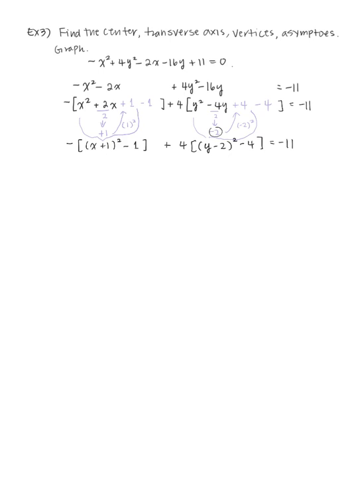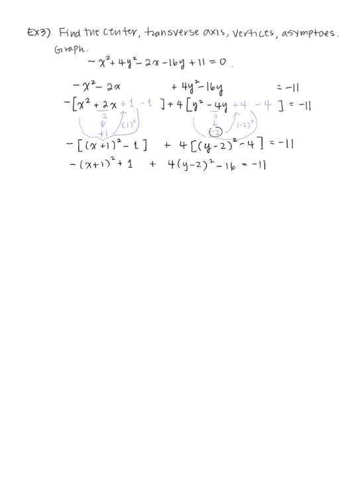Now let me distribute that negative sign in. So negative x plus 1 squared plus 1, and then plus 4 times y minus 2 squared, and then minus 16 equals negative 11. All right, so now what? Bring that 16 to the other side. How about we bring the plus 1 and minus 16 to the right-hand side by subtracting 1 and adding 16 to both sides.